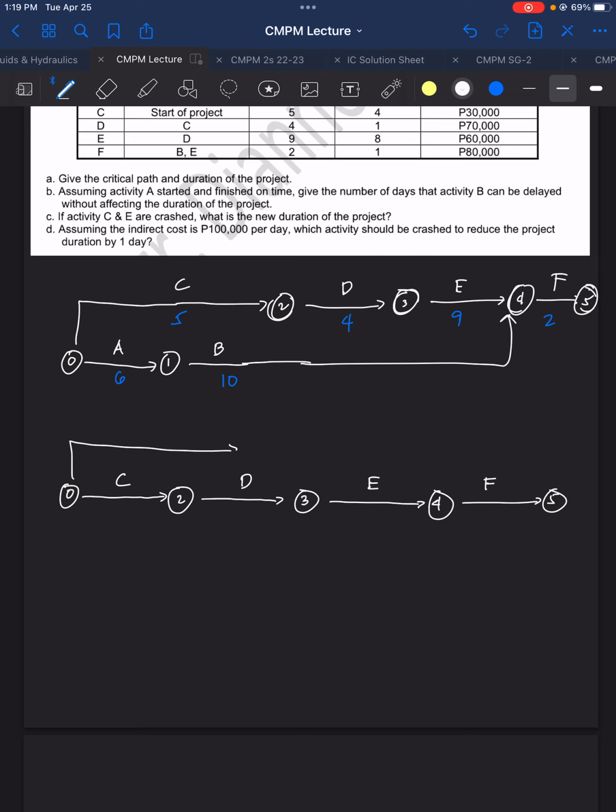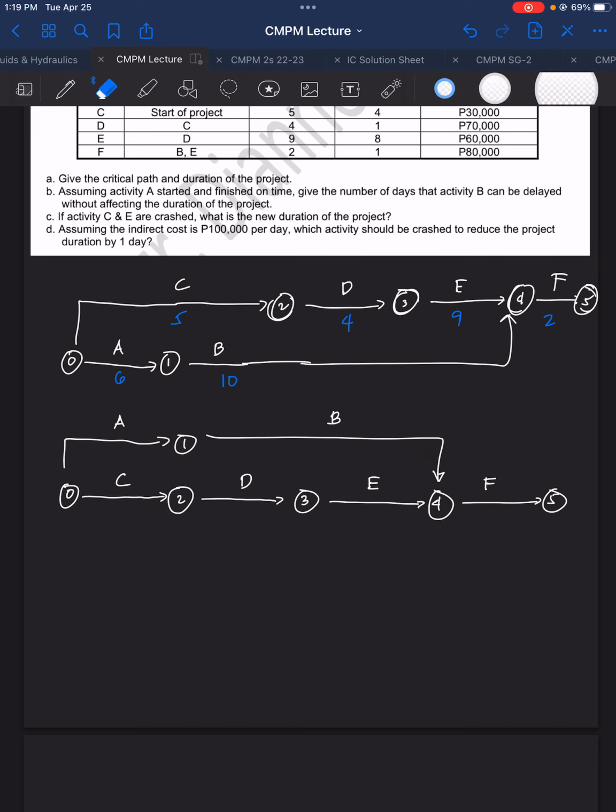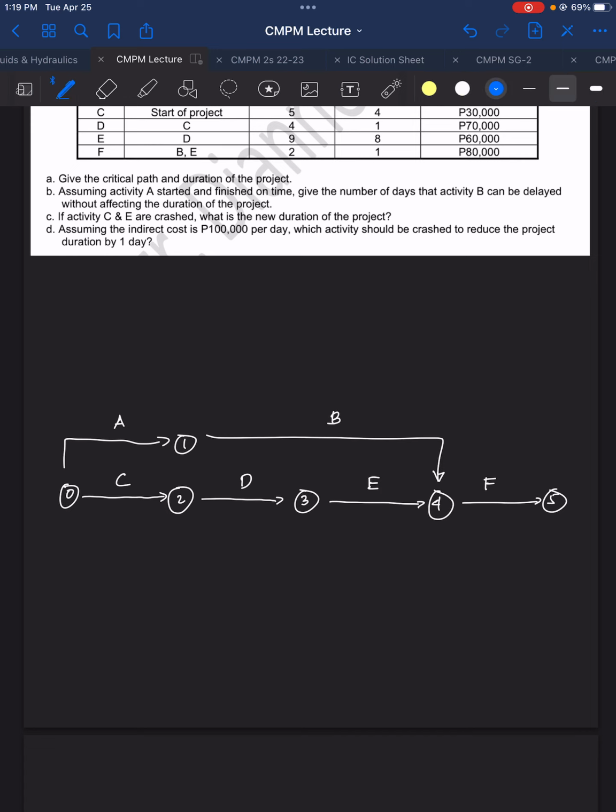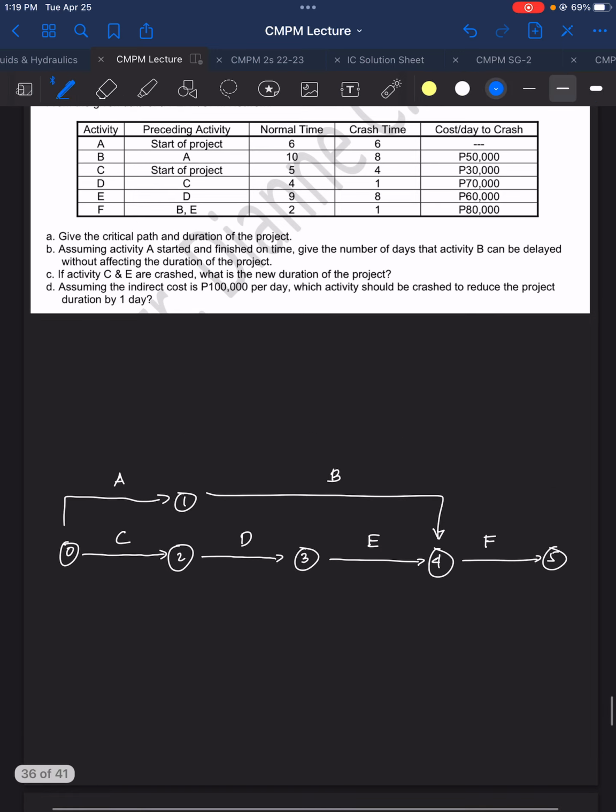I don't know, let's put here 1. So this is A, and then for B it will go to 4, right? So this is now our new diagram. So for A, we have duration 6, B is 10, then F is 2, C is 5, D is 4, E is 9.